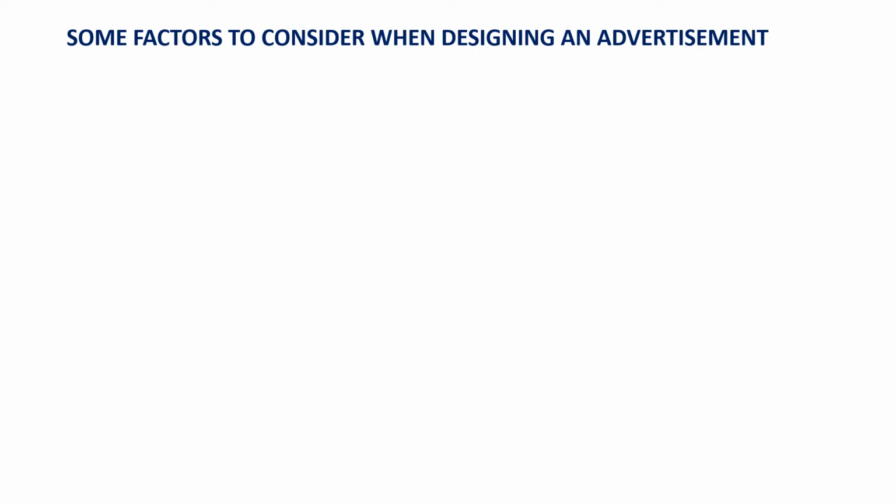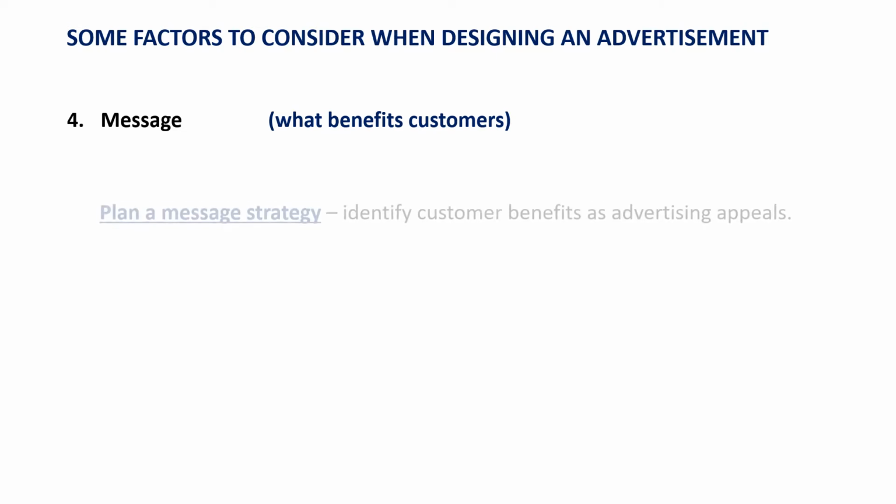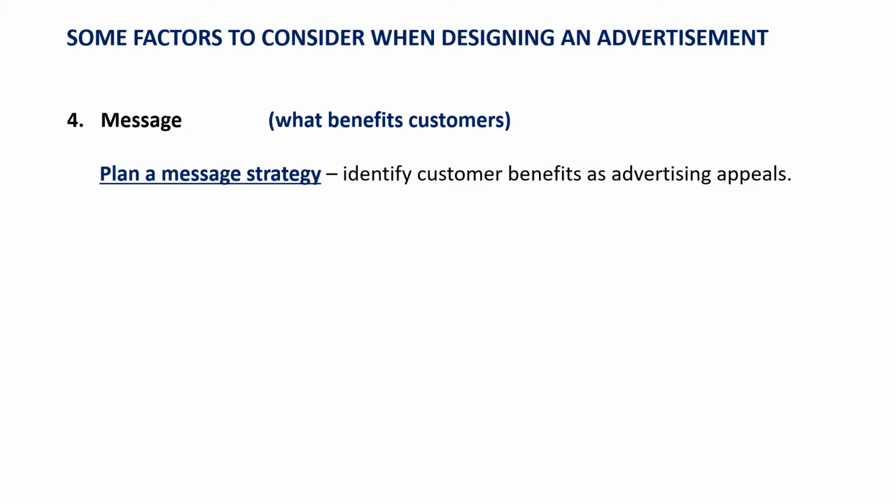The fourth factor which the retailer considers when designing an advertisement is message. What benefits customers? Good advertising messages are important as consumers are exposed to many commercial messages every day. Plan a message strategy. Identify customer benefits as advertising appeals.